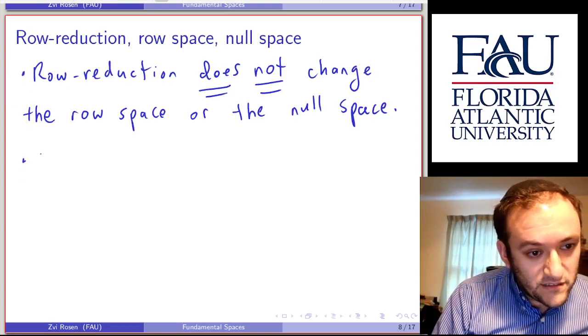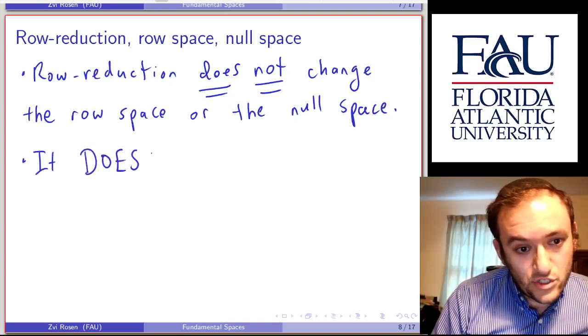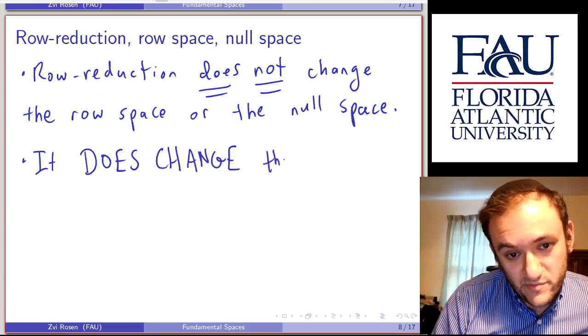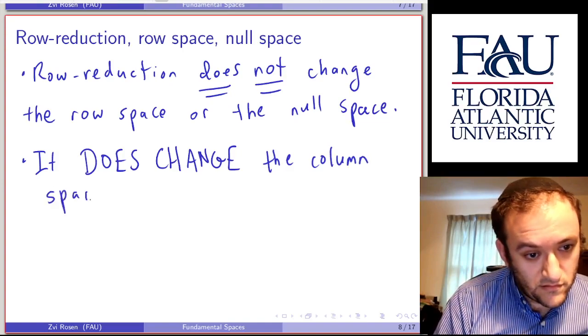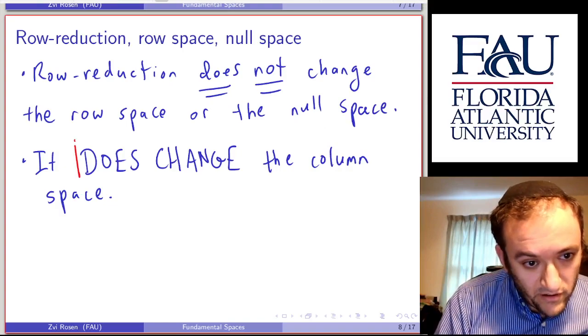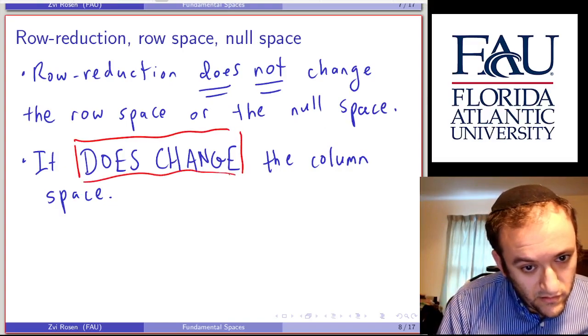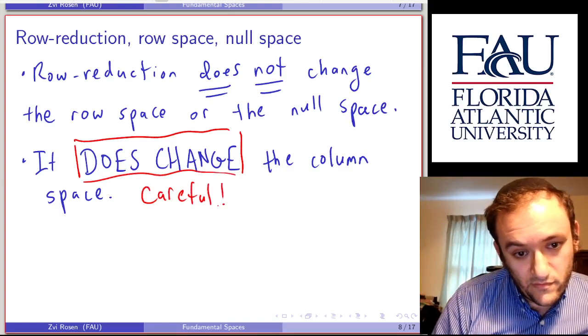On the other hand, it does change the column space. So this is something that's really important to be aware of. So be careful.